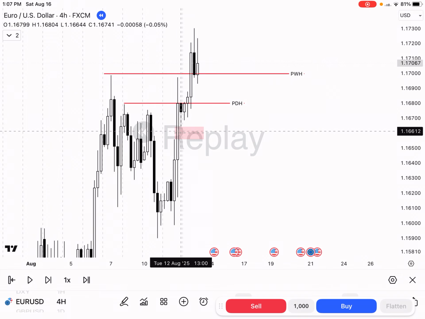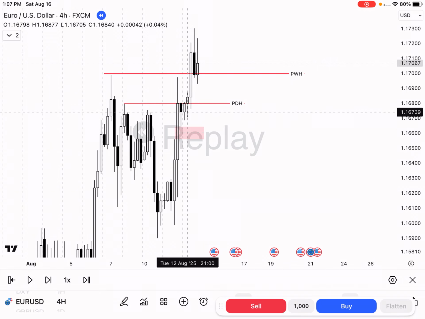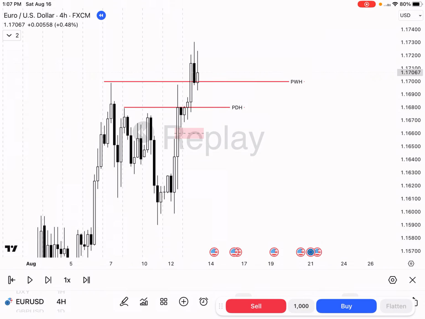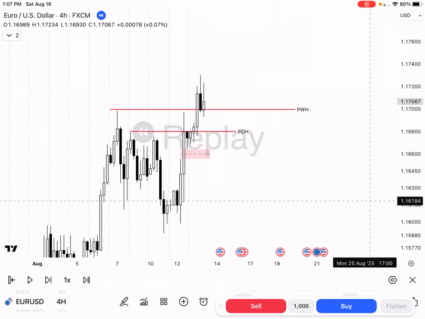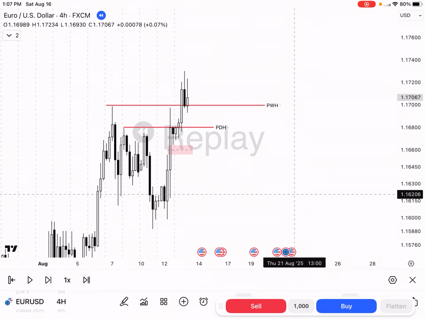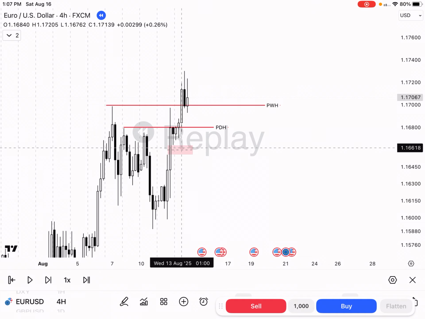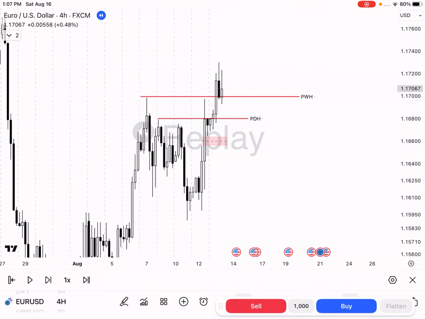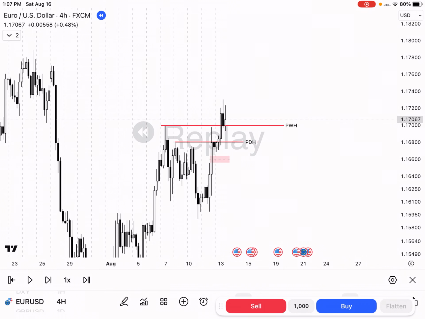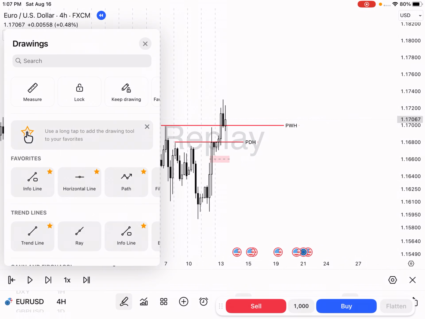Without taking the liquidity of this candle, this candle, this candle, and this FVG, the market keeps on moving upward. So I was actually planning for a buy here. Since it did not retrace, I then had this 4-hour bearish FVG.